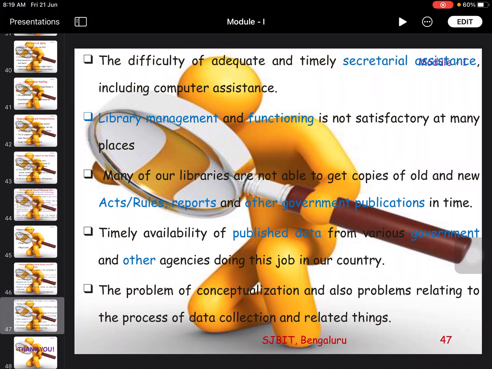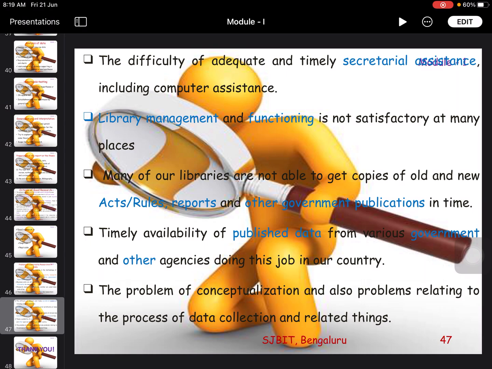There are also difficulties in raising funds for the experimental processes. There is a deficiency in getting adequate technology backup in time. There could be unsatisfactory support from the library management and many other places.